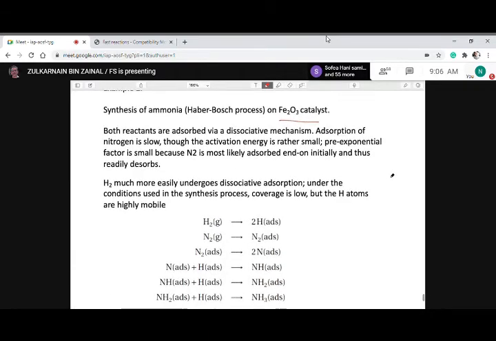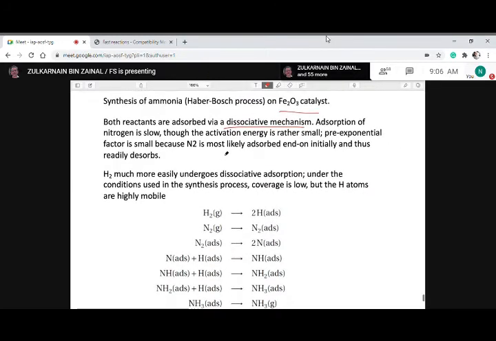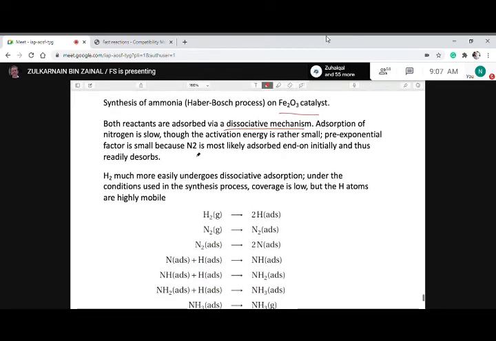Both reactants are absorbed via a dissociative mechanism. Okay, absorption of nitrogen is slow, though the activation energy is rather small. The pre-exponential factor is small because nitrogen is most likely absorbed initially and thus readily dissolved.